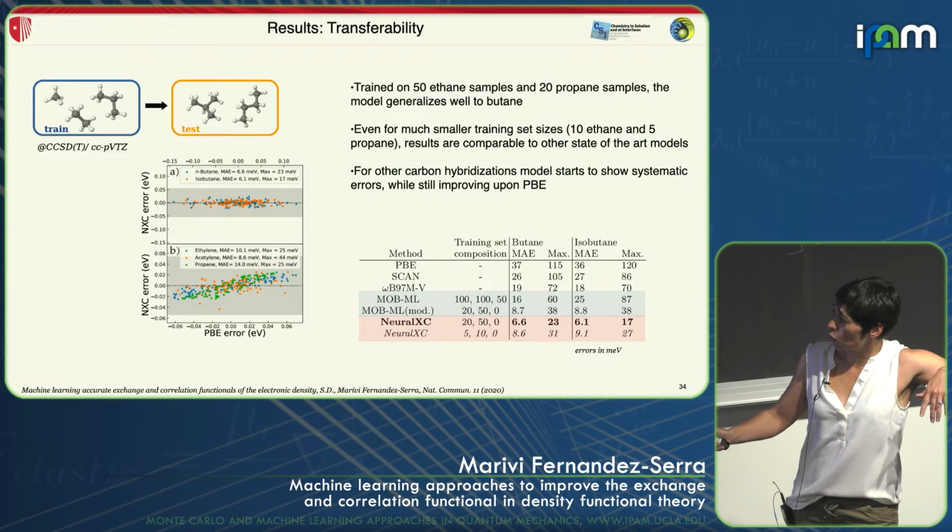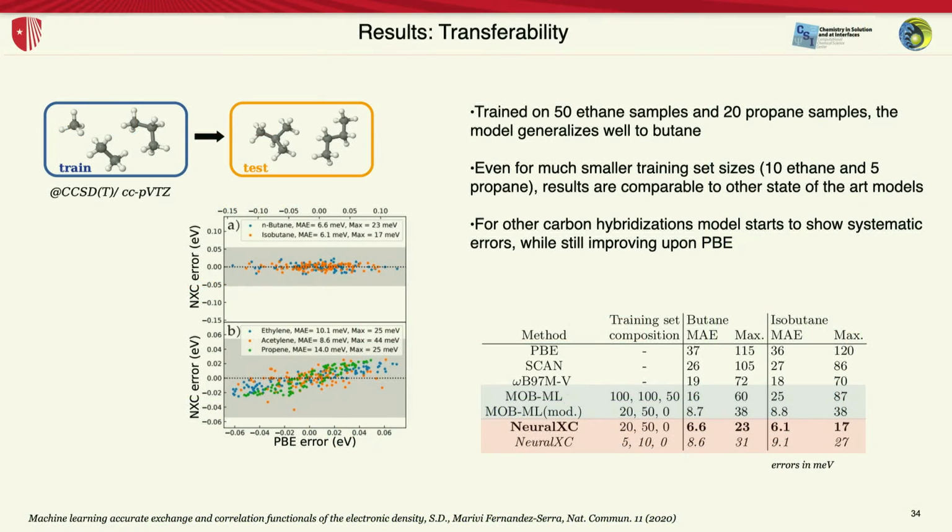If you compare to the errors for the baseline functional, which by the way is PBE, and the errors obtained with other functionals, even hybrid functionals, we are very much within the chemical accuracy limit. Basically, that's what I'm marking here. This is my chemical accuracy, very close to this, which is a machine learned model for adding correlations in the wave function by the Miller group.